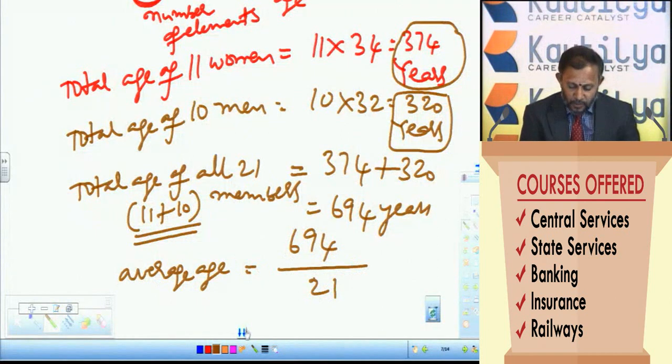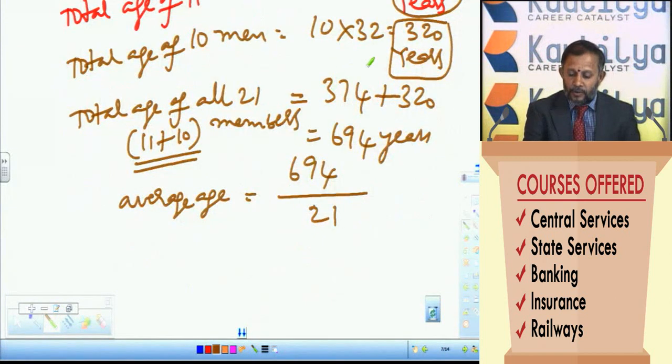But it is not possible to get the exact value, because here 694 is the total age of all the 21 members. But the average is given by total by number of candidates, right?